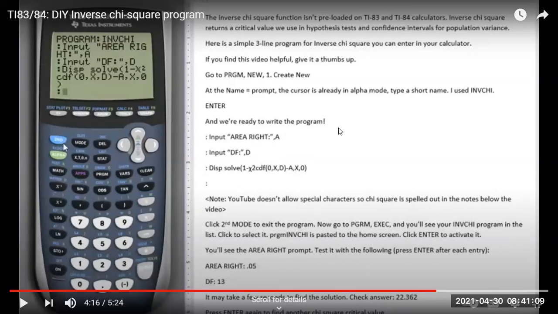Are you okay with this? Once you have that parenthesis, you press enter. It will give you a colon again.